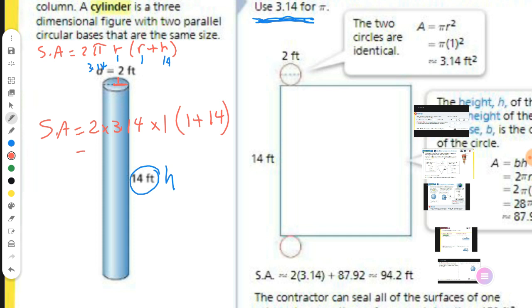After doing the multiplication, the answer is 94.2 feet square, because this is surface area. Okay? This is how to calculate.